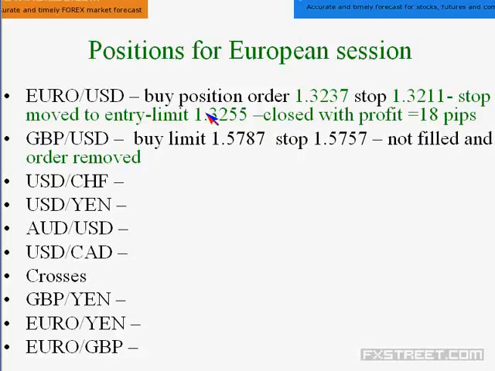Sometimes they can make a move in tandem with the expectations after the release of the data, or sometimes they can make a reversal move, telling some other story.